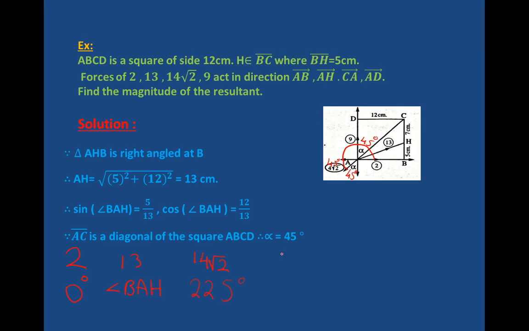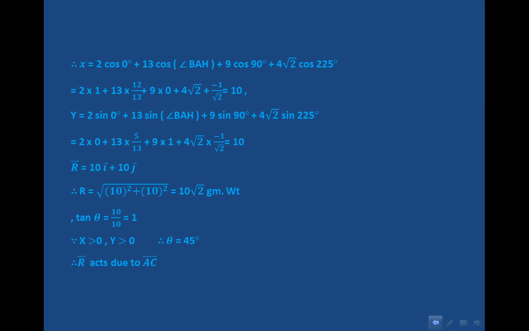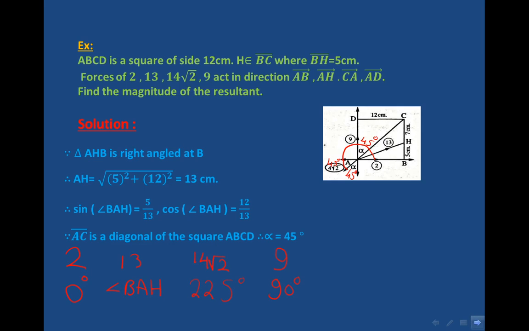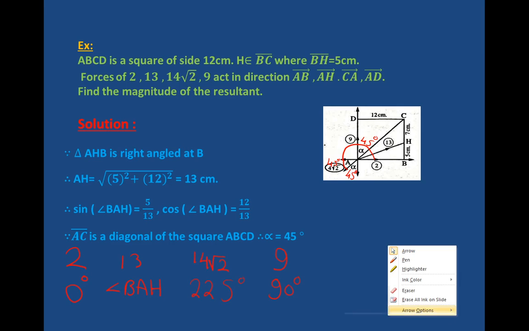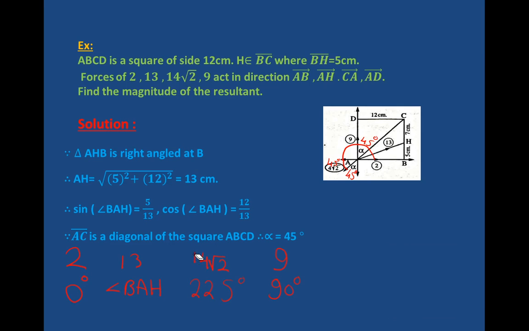And the last force is 9, and the measure of the angle between this force and the positive x direction equals 90 degrees. It is calculated as 4 root 2. This force equals 4 root 2, not 14 root 2.